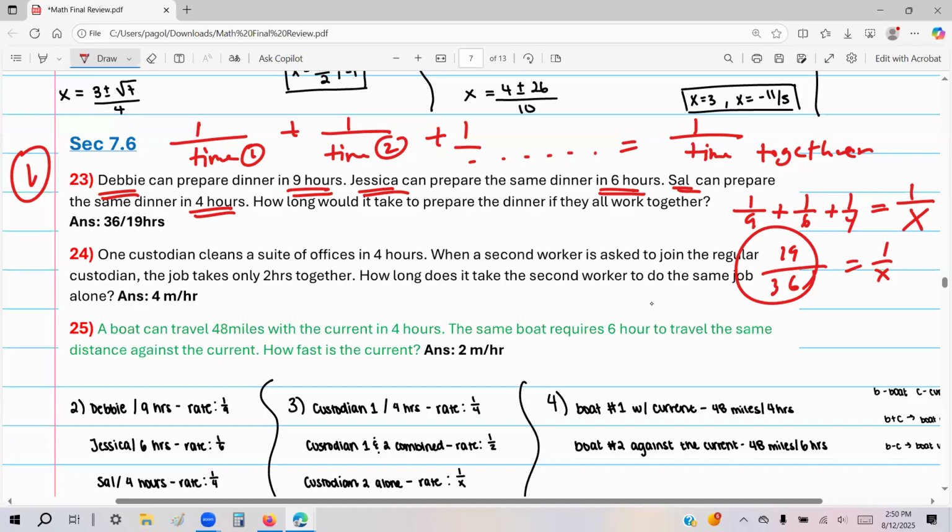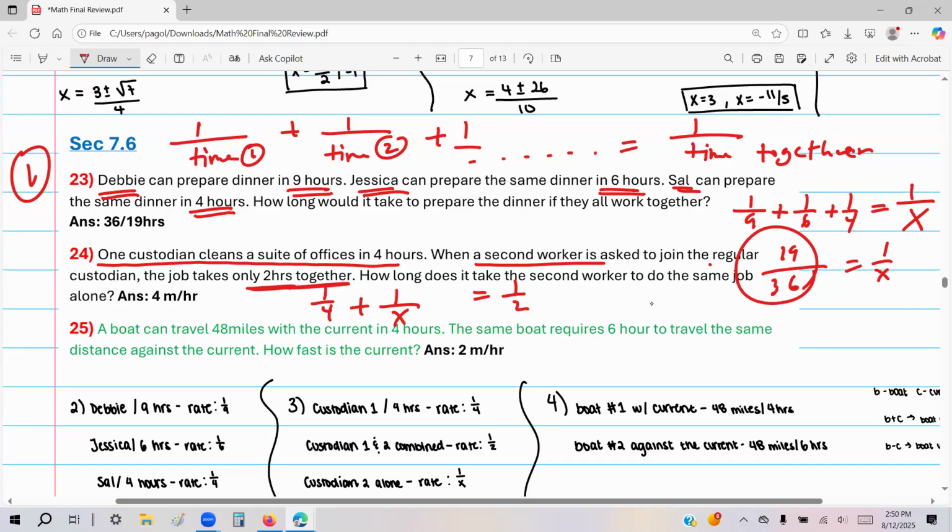In the next one, we have one custodian, 4 hours, so 1 over 4. When the second one works together, together they need 2 hours. So 1 over 2 on the other side. And you're looking for how long it takes for the second custodian to do the work. So we are missing the work for the second person.